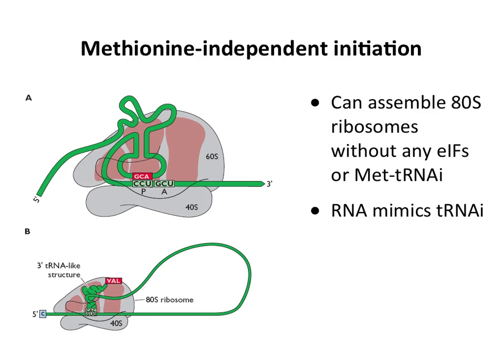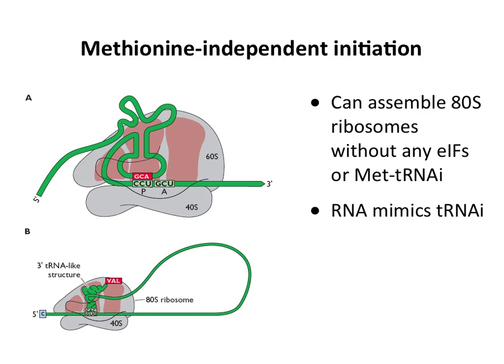There is one here for a picornavirus of crickets, cricket paralysis virus. It's basically polio of crickets. And this has a structure in the RNA that can fold to mimic a met tRNA. So what happens is this RNA can initiate translation without any met tRNA.